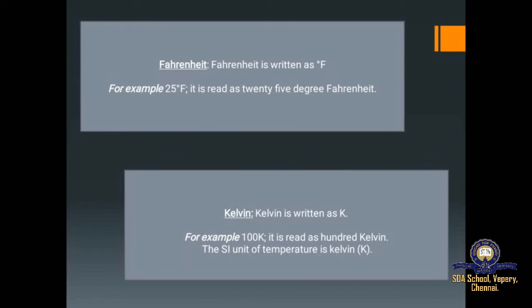Kelvin is written as capital K. Here we do not write any degree. It is just capital K. For example, 100 K is read as 100 Kelvin. The SI unit of temperature is Kelvin. So these are the 3 units for temperature: degree Celsius, Fahrenheit and Kelvin.